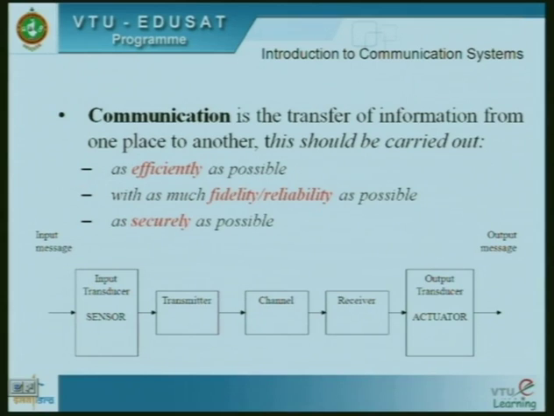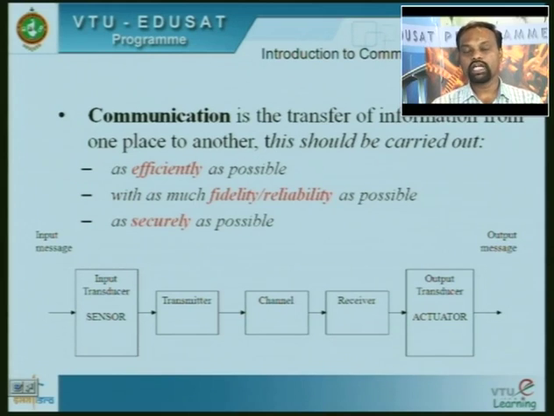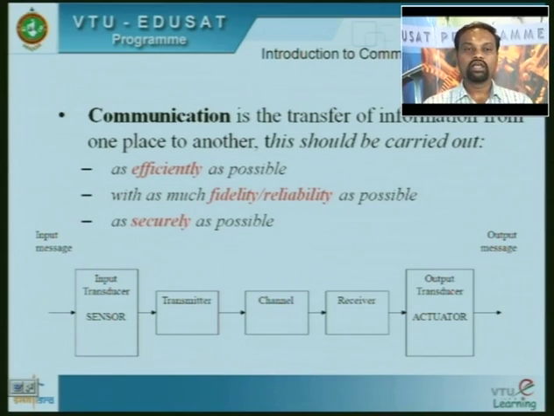This should be carried out as efficiently as possible, with as much fidelity and reliability as possible, and as securely as possible. There are 3 or 4 important terminologies we have to remember. The first is that communication is transfer of information. Let us understand what we mean by transfer of information.